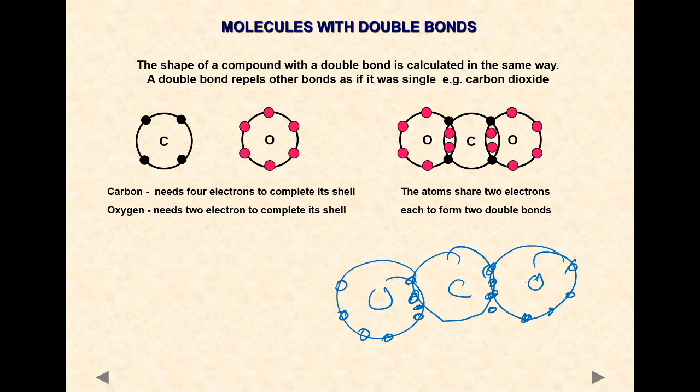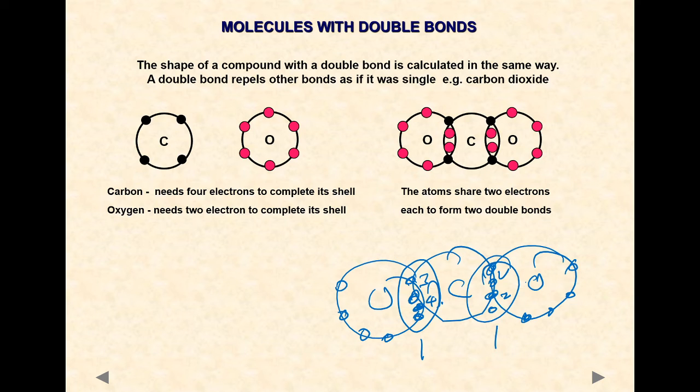So looking at the pairs, you count this 1, 2, 3, 4. But remember, when we are looking at the pairs between two atoms, no matter how many they are, they are counted as a unit. So in counting, these 4 will be 1 and these 4 will be 1.